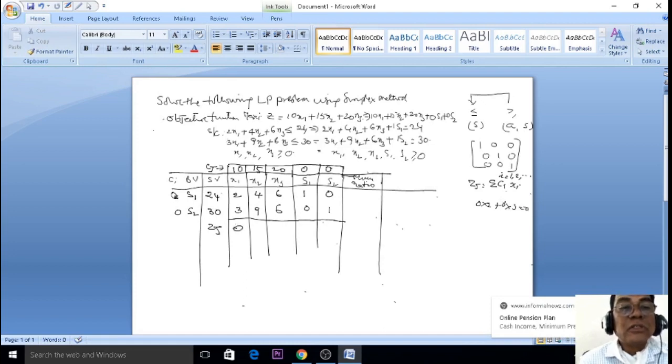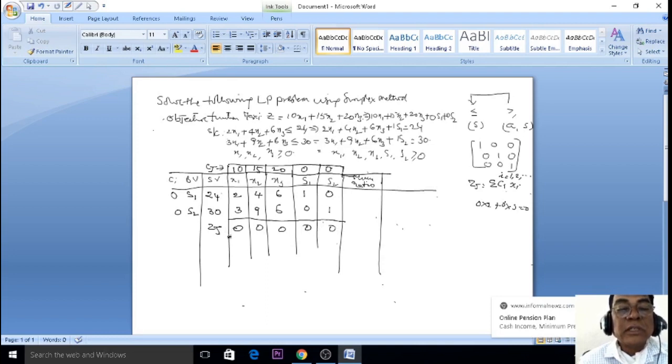Next, 0 into 4 plus 0 into 9, 0. Again 0 into 6 plus 0 into 6, 0. Next 0 into 1 plus 0 into 0, so that is equal to 0, 0.